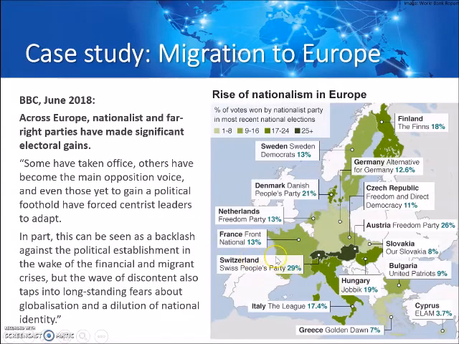The Front National in France, and even the League in Italy, have a history of sometimes very discriminatory remarks, policies and campaigns. So this is one of the consequences of the increased migration: there is a response from the local population as well.